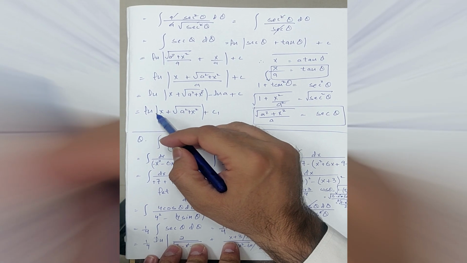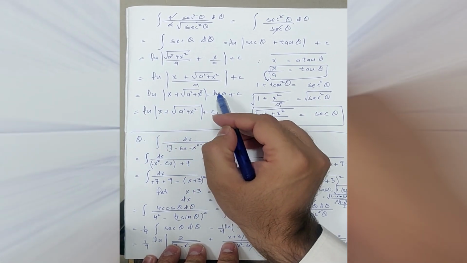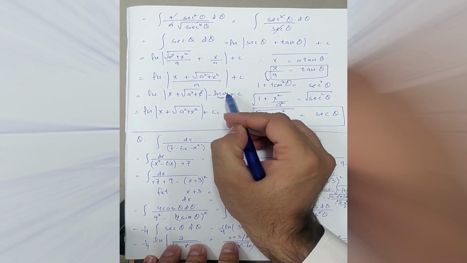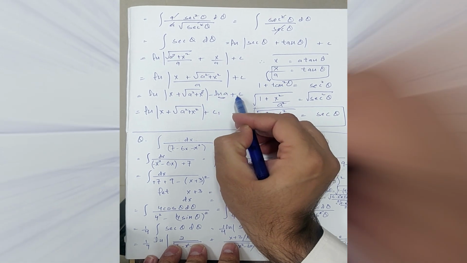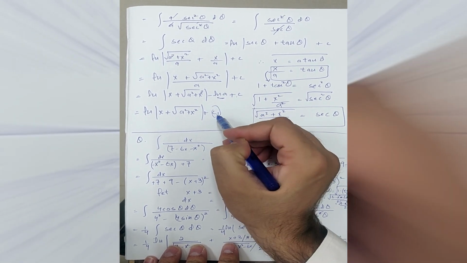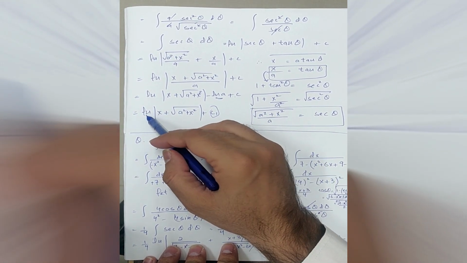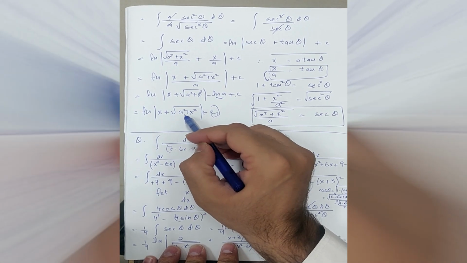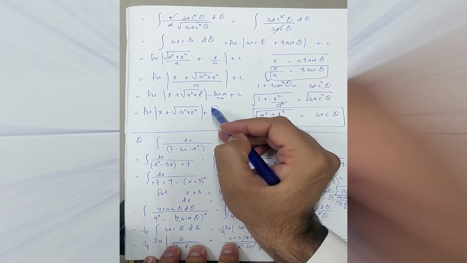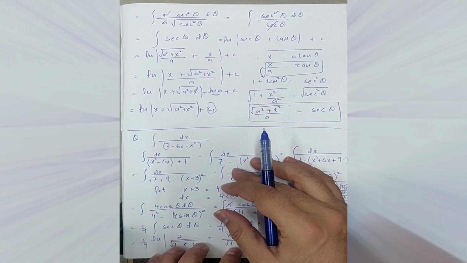Finally, we know that log of a is constant, so we change this constant to a new constant c1. So the final solution is log of x plus under the root a square plus x square. Okay, so that's the solution of that integral.